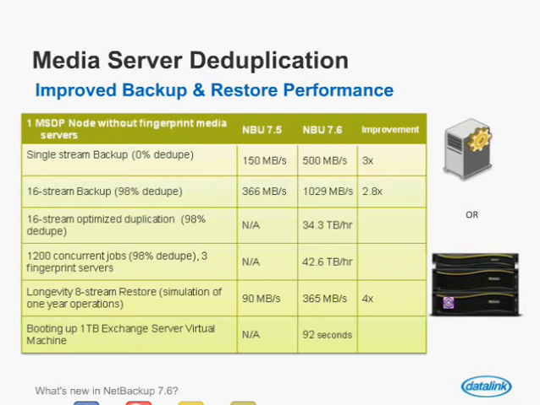And as you can see, single streams or multiple streams have been able to increase 2, 3, 4x times the performance that I had before, and still improve the deduplication at the same time. So a lot of enhancements in this particular area.